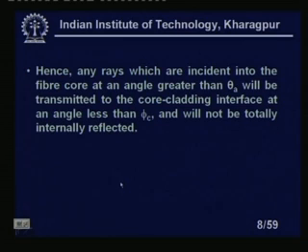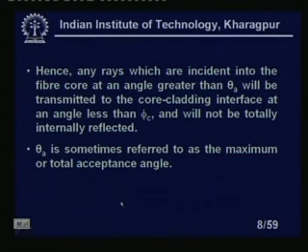Now, hence any rays which are incident into the fiber core at an angle greater than theta A will be transmitted to the core cladding interface at an angle less than phi c and will not be totally internally reflected. So, there will be no total internal reflection, as I told you, and theta A is sometimes referred to as the maximum angle or total acceptance angle of the fiber optics.